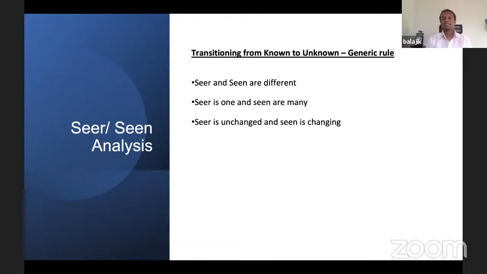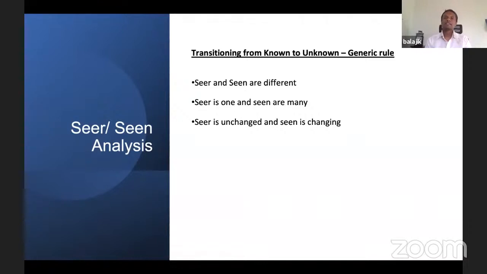Okay. Next, the seer is unchanged and the seen is changing. The mind remains constant here, whereas after some time even the eyes can get cataracts, or we could have short sight or long sight, or there might be issues with the skin, wrinkles at some point of time, or eczema or whatever it is can come on the skin.